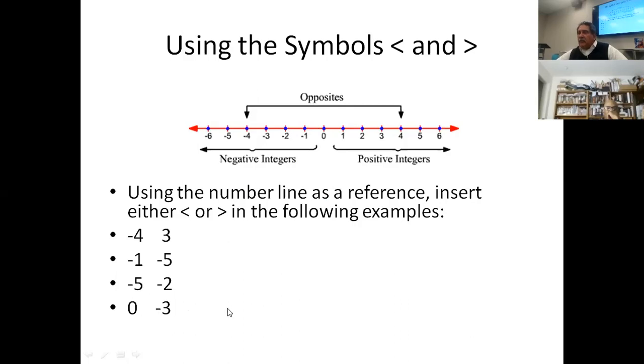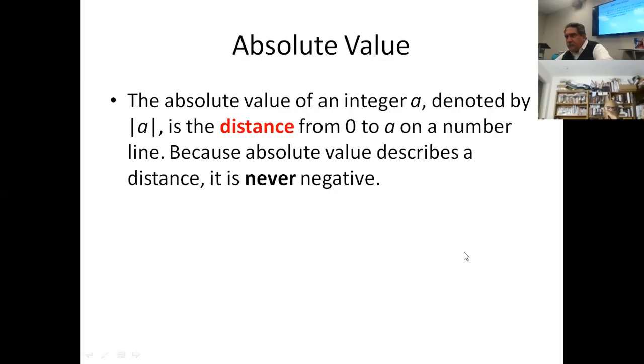Tell me, 0 and -3, which one is bigger? 0. Yeah, 0 is bigger than -3. The 0 is here, -3 is here. All right? Let's move on.